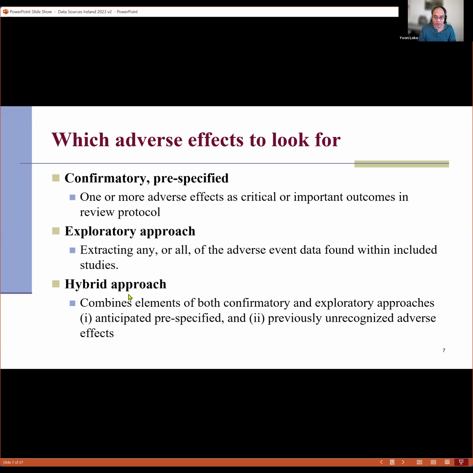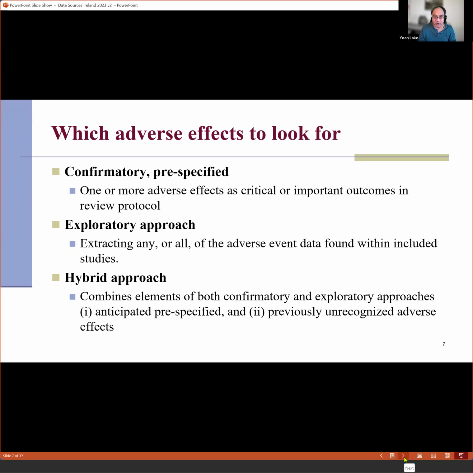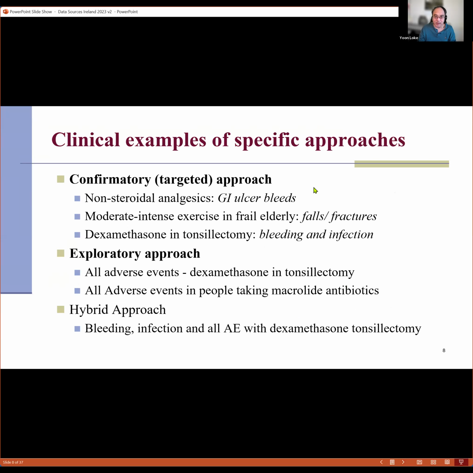Most people have a hybrid approach, and they specify one or two key adverse effects, and then they'll have a look around to see if there's anything unexpected that pops up in the trial reports. How does this work? So, for instance, in my aspirin review or non-steroidal reviews, you can say, I'll do a confirmatory targeted approach at bleeding from peptic ulcers or stomach ulcers.